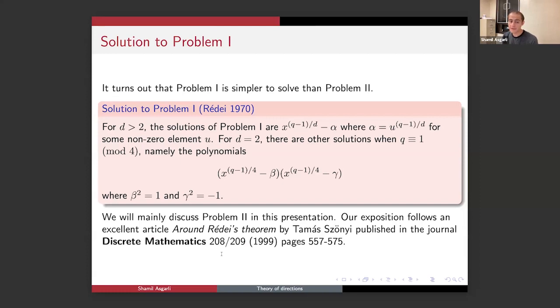In this paper, Szőnyi talks about applications of Rédei's ideas in the theory of directions. It shows applications to blocking sets, applications to group theory, and even some applications to algebraic number theory. Today I'm going to focus almost exclusively on the theory of directions.